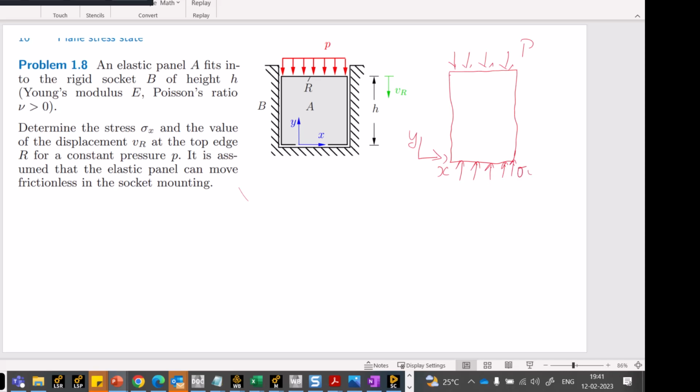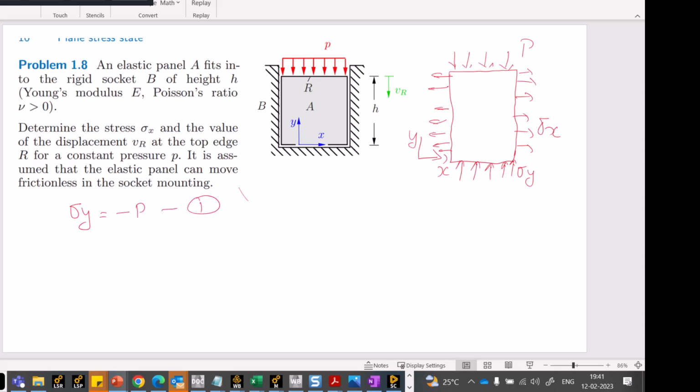Let's call it sigma y. In this direction, because we are compressing the body in the y direction, it will try to expand in the x direction. So we can put the stresses as sigma x in this direction. From this we can get at least one piece of data: sigma y is equal to minus p.